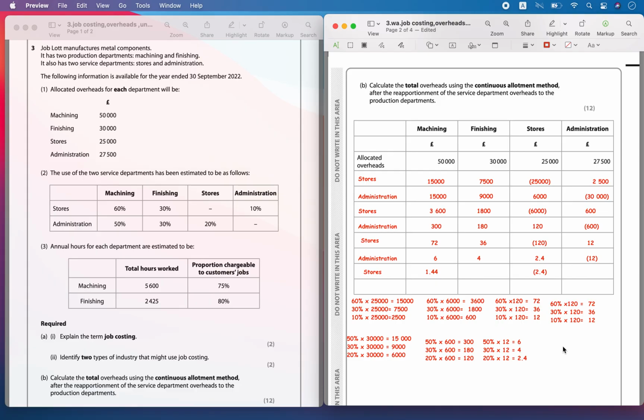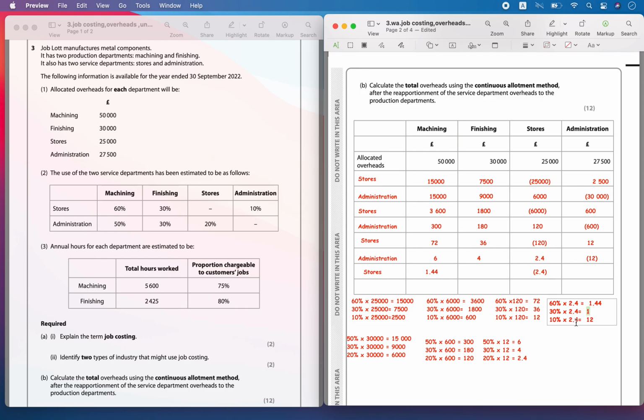So 2.4. If you distribute 60 percentage of 2.4, 30 percentage of 2.4 and 10 percentage of 2.4, this value is going to be 1.44, and 30 percentage, 0.3 times of 2.4, that is 0.72, which I can assume as 1.